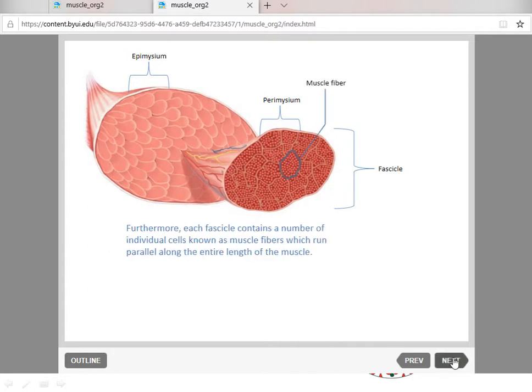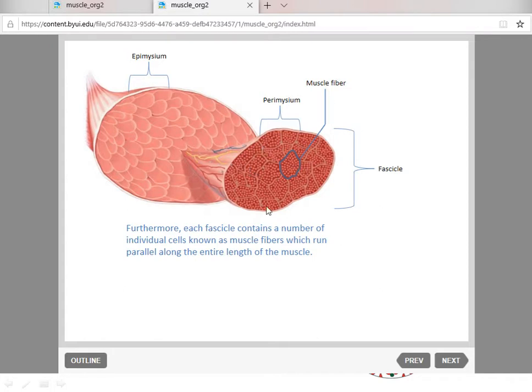Now next one is the muscle fibers. Furthermore, each fascicle contains a number of individual cells, and these cells are called muscle fibers, which run parallel along the entire length of the muscle. The outer covering of the skeletal muscle is called the epimysium, and this skeletal muscle contains various tissues called fascicles.